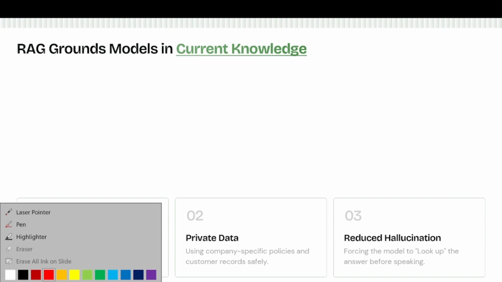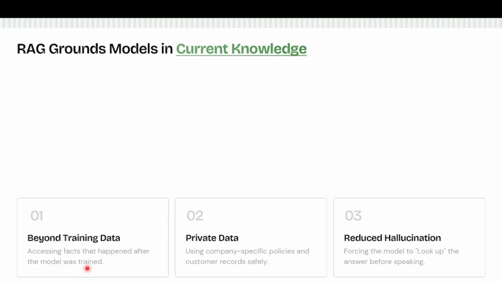RAG enables the agents to add business information, business metrics, business files, business metric calculation analysis, or the business-relevant database and numerical description, everything to operate and perform its activity so that it doesn't hallucinate or use general knowledge. Okay, so beyond training data, accessing facts that happened after the model was trained, you need a RAG.